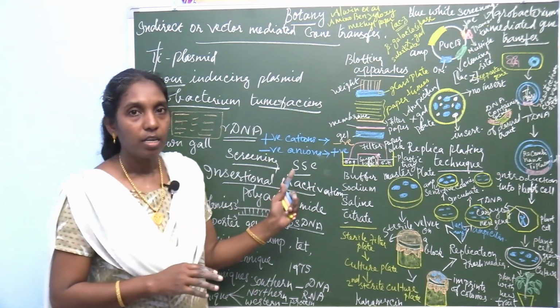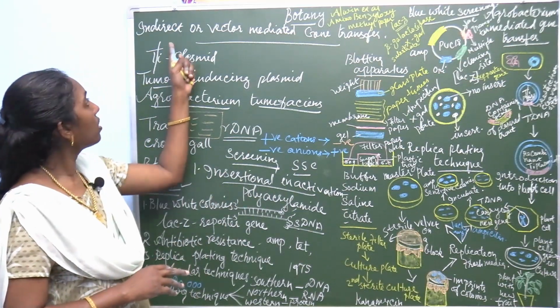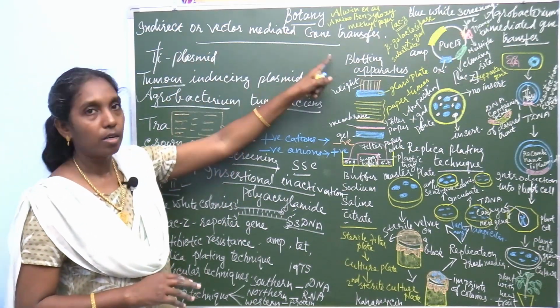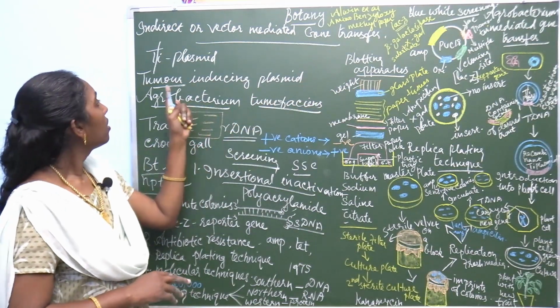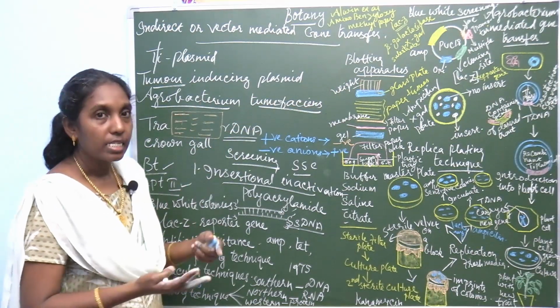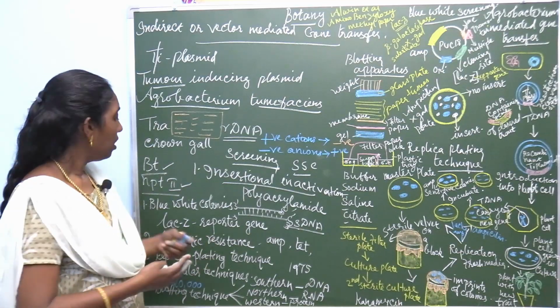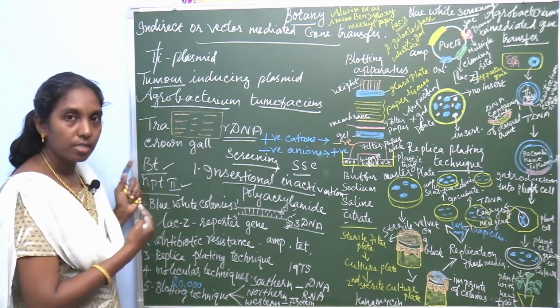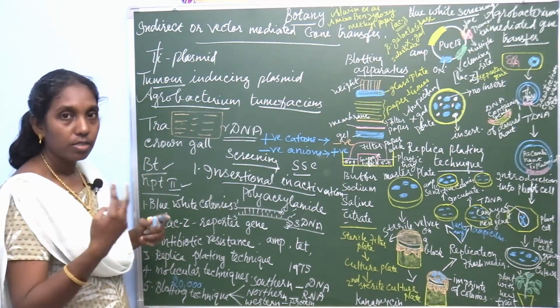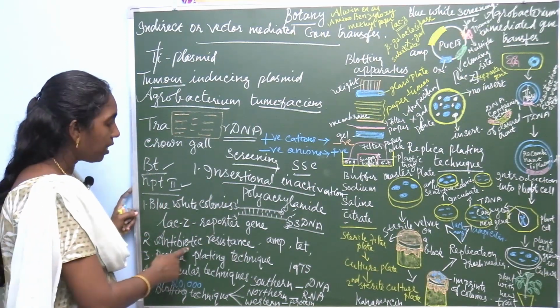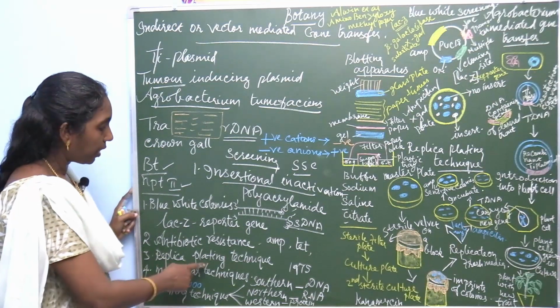Once again, let us recall what you learned today. First is indirect or vector mediated gene transfer, for example the Ti plasmid. Next, screening, with different techniques: blue white colony selection, antibiotic resistance, and replica plating.